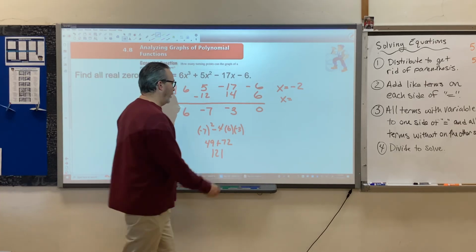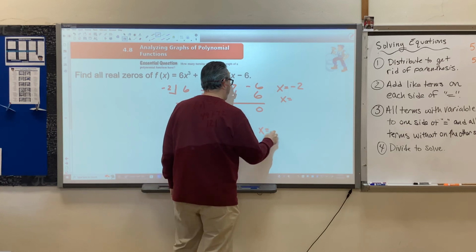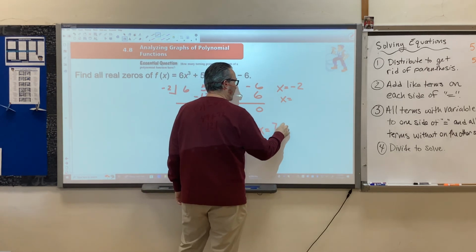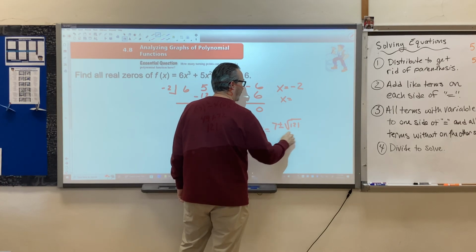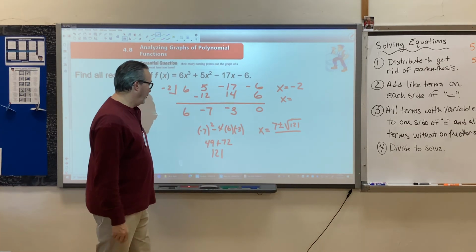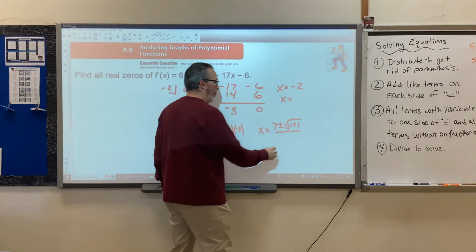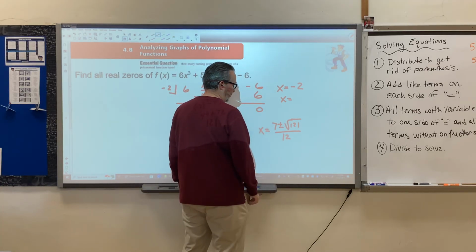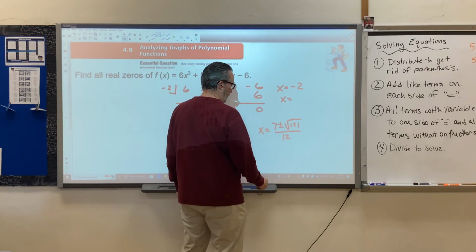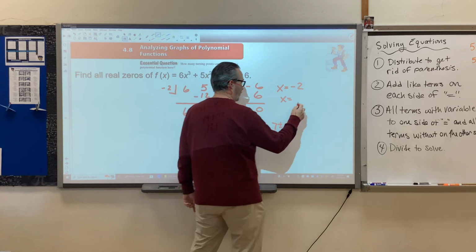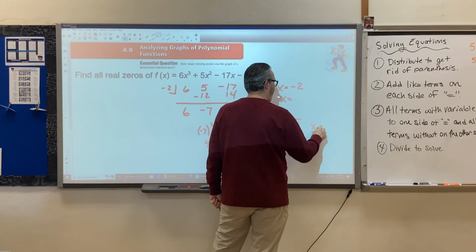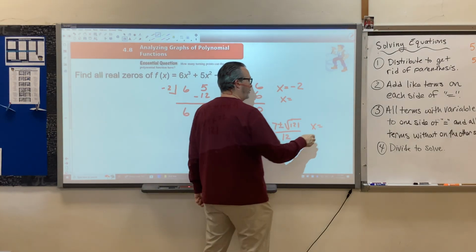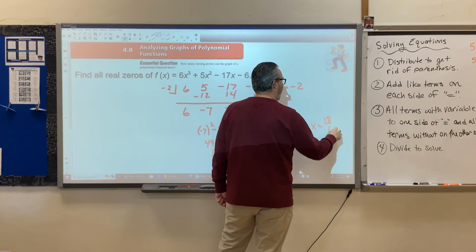So the last two are x equals -b plus or minus the square root of 121, which is 11, all over 12. 18/12, which is 3 halves.